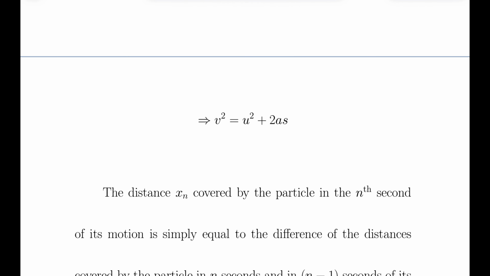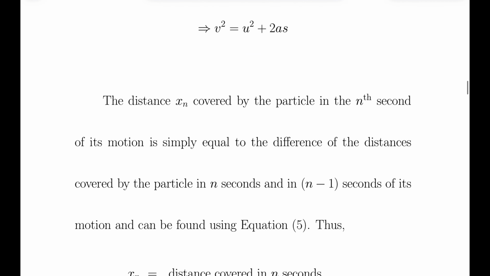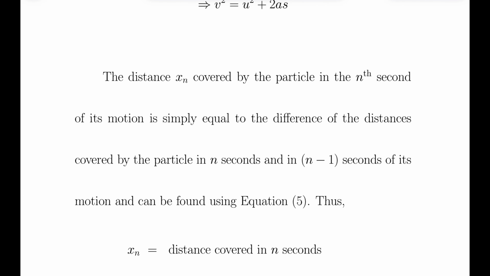The distance xn covered by the particle in the nth second of its motion is simply equal to the difference of the distances covered by the particle in n seconds and n minus 1 seconds of its motion, and can be found using equation 5.